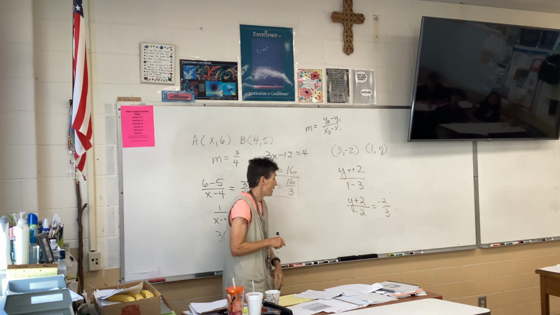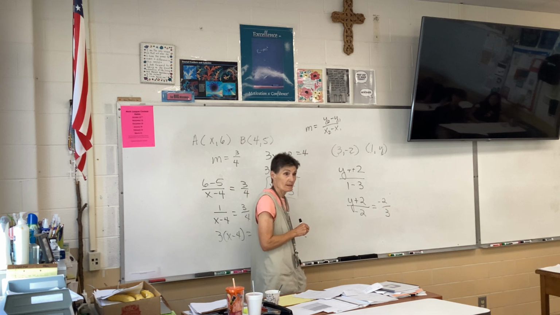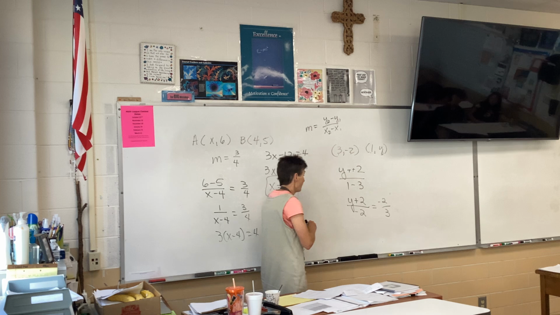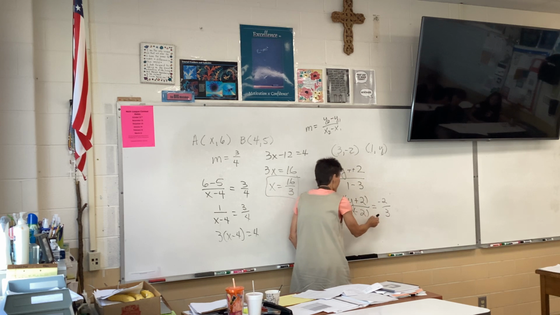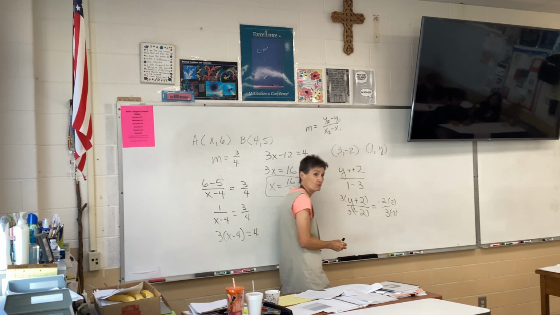How do I solve that? Oh, I could get a common denominator. I could cross multiply, but you could get a common denominator. So this one would have to be multiplied by 3, and this one would have to be multiplied by, watch it now, negative 2.